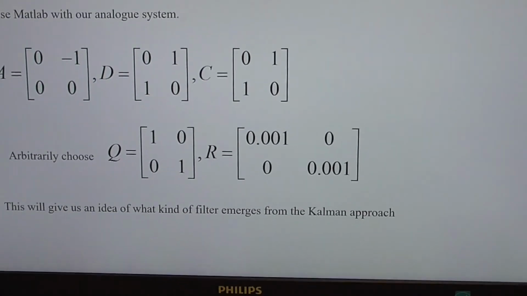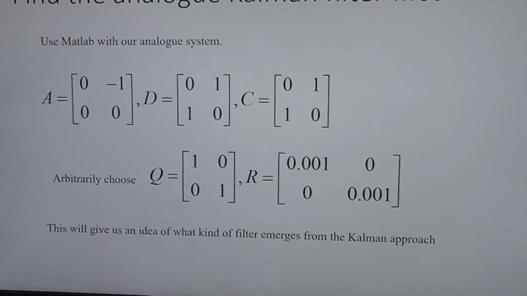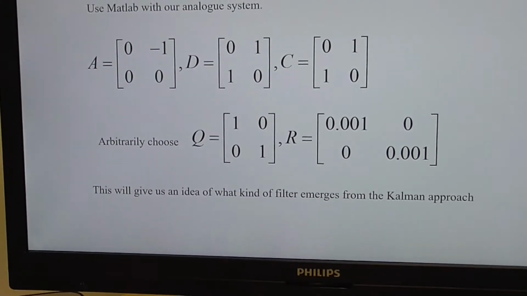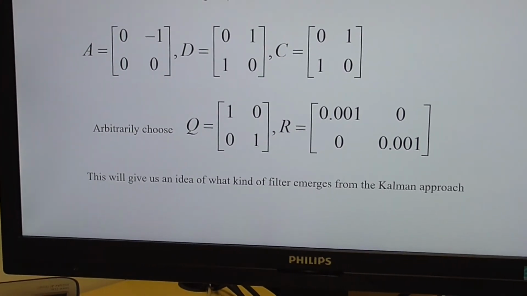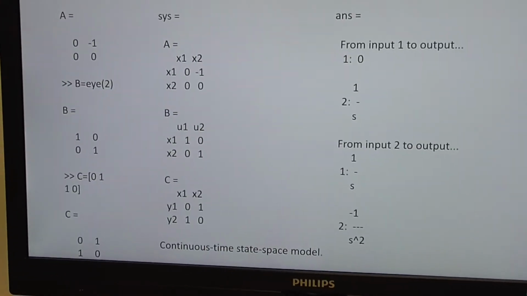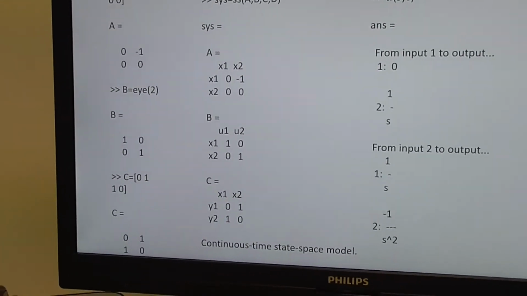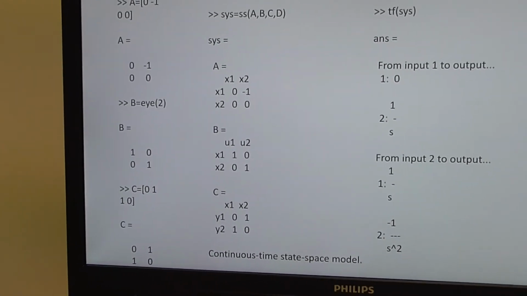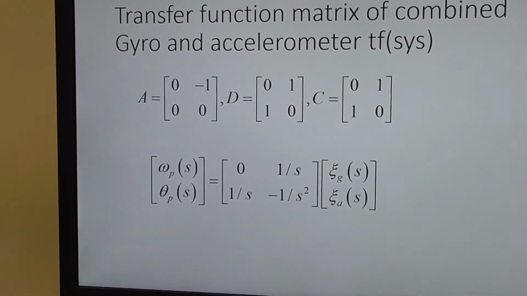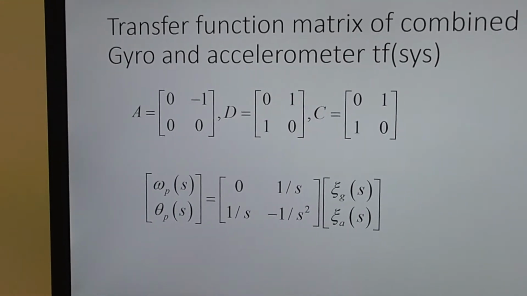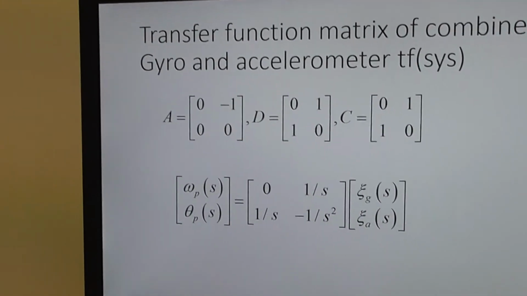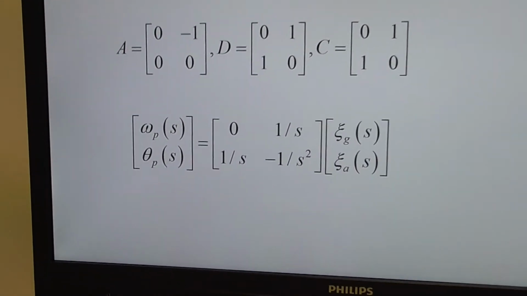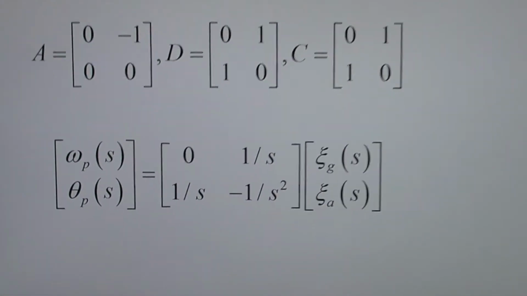And once I've got an understanding of that, I can get a much deeper understanding of how this works. So I can call it the Wiener approach, but it's still using the Kalman equations. So in MATLAB we can calculate the transfer function, or manually we can do it. And first of all, we'll just work out the transfer function of the system. It's not a straight double integrator, as you can see. It's actually a multivariable system.